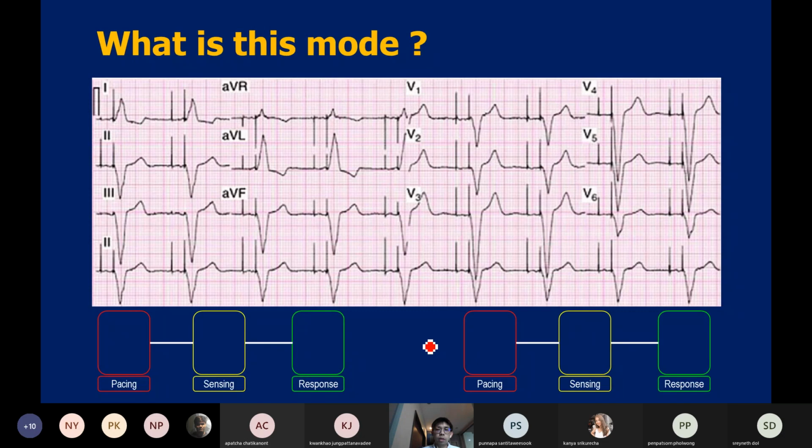This is the same ECG that I put at the start of the session. So what is the mode of this patient? You have one answer that it is DDD, but it could be another type of pacemaker. Can anyone answer this?